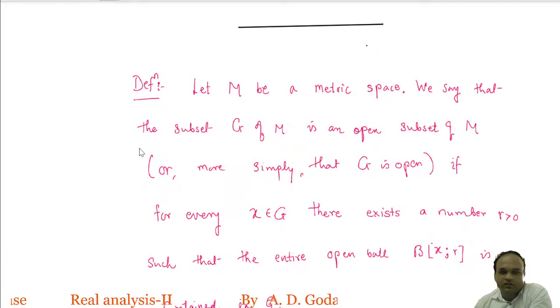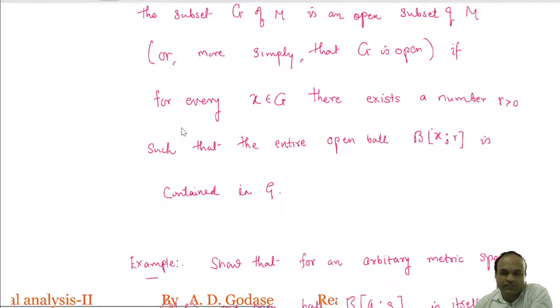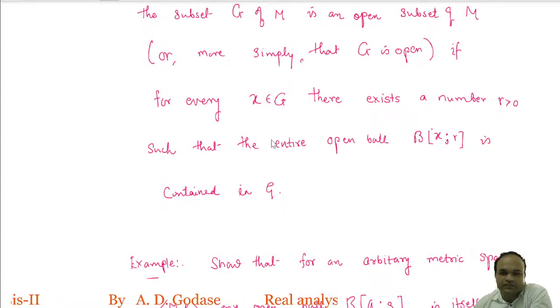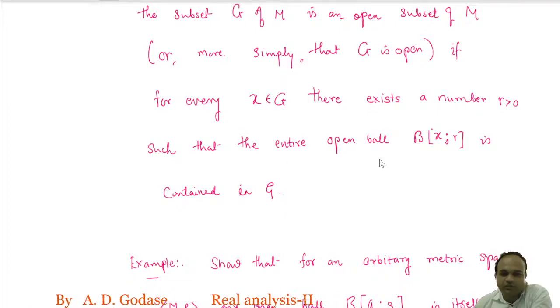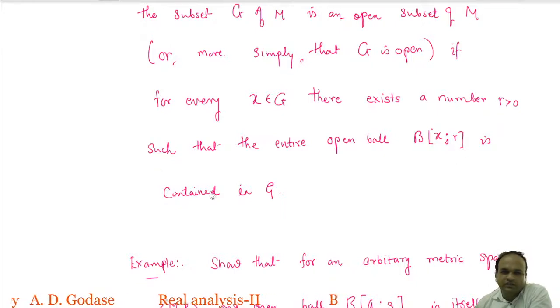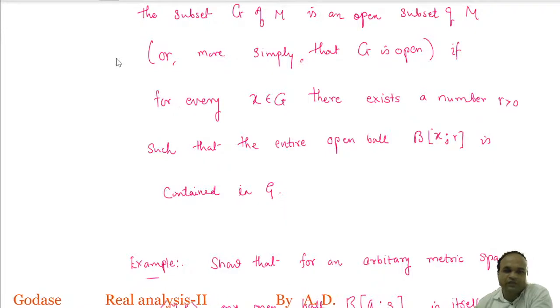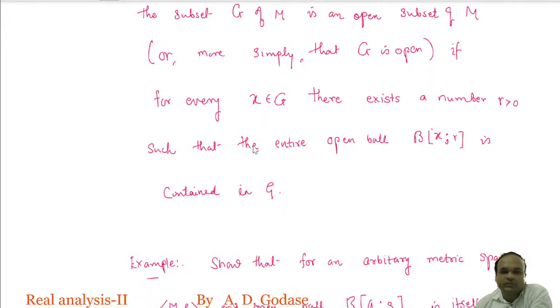A non-empty set G of a metric space M is called open in M if for every x belonging to G there exists a positive real number r greater than 0 such that the entire open ball with center x and radius r is totally contained in G. It is true for every point of G. So this is the definition of an open set in a metric space.